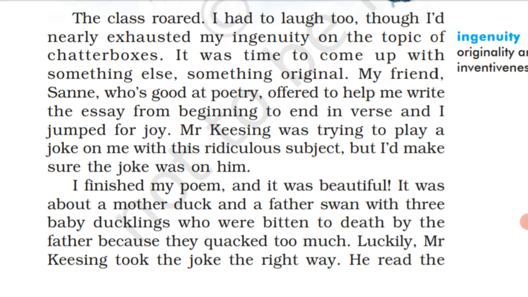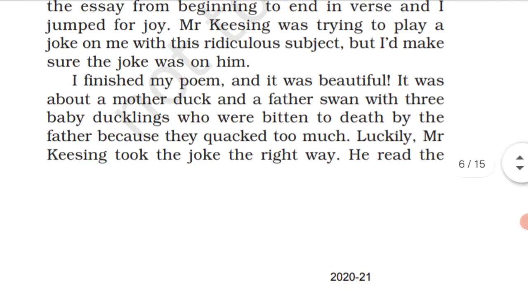Mr. Keesing was trying to play a joke on me with this ridiculous subject, and I would make sure the joke was on him. I finished my poem, and it was a beautiful experience. It was about a mother duck and a father swan with three baby ducklings who were bitten to death by the father because they quacked too much.